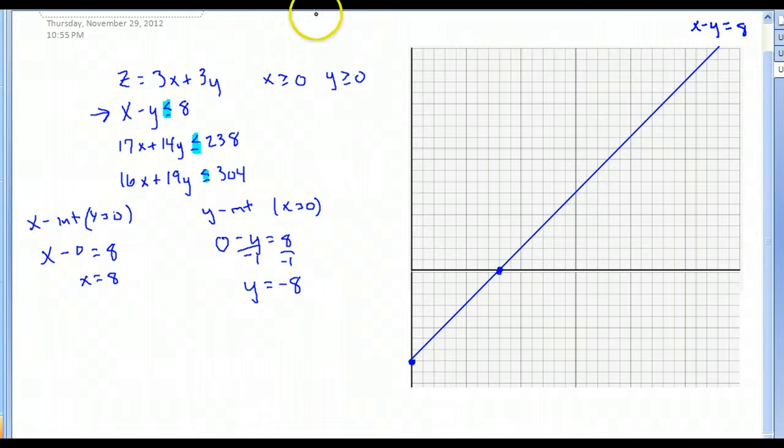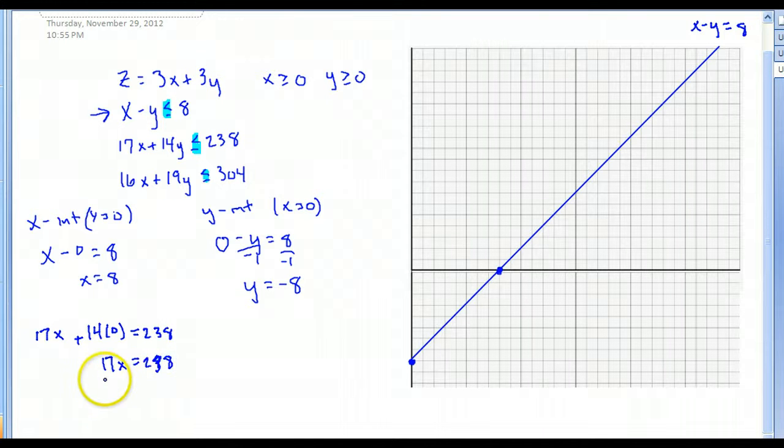Alright, same thing we can do for the next line. The X-intercept occurs when Y equals 0. So 17X plus 14 times 0 equals 238. That means 17X equals 238.